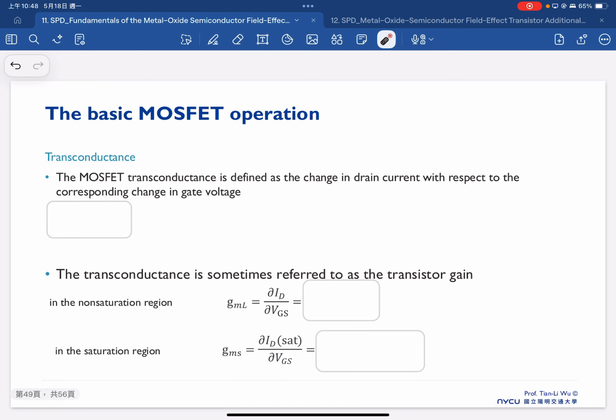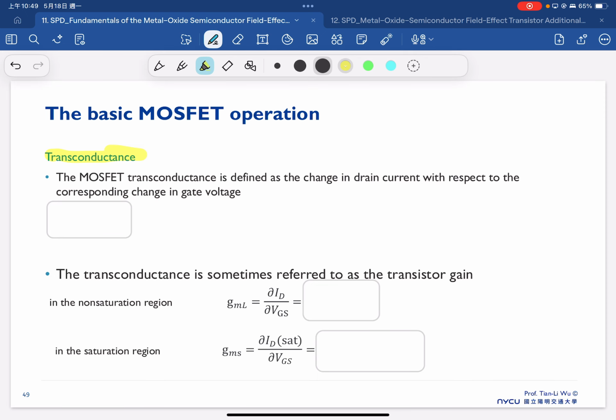So the next is we will introduce the transconductance, which is a very important parameter in the MOSFET. The MOSFET transconductance is defined as a change in the drain current with respect to the corresponding change in the gate voltage.